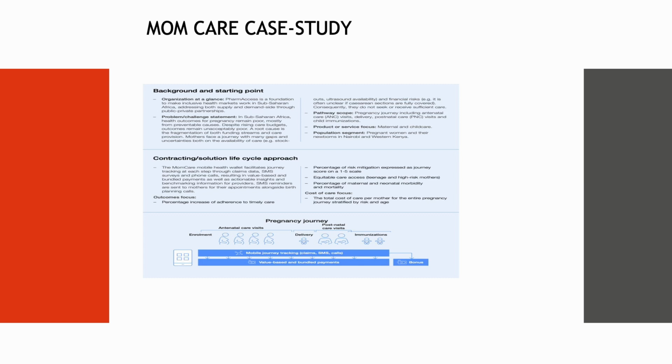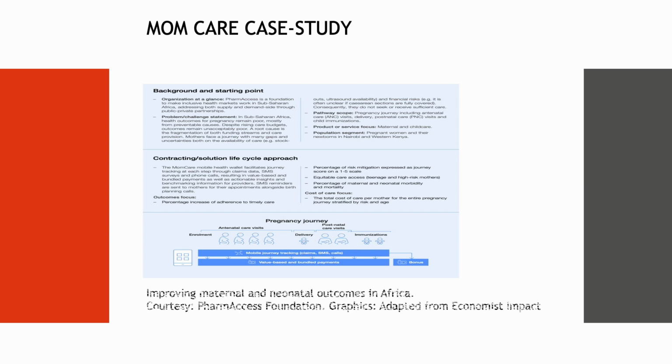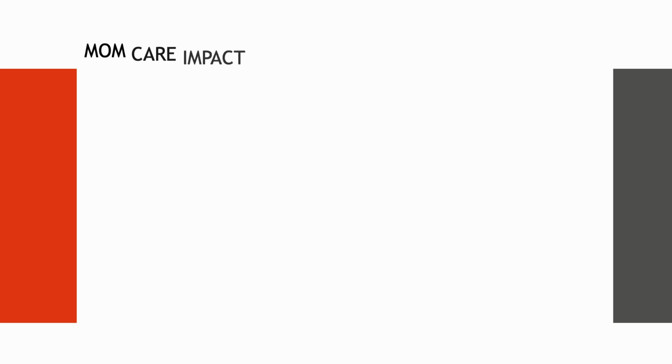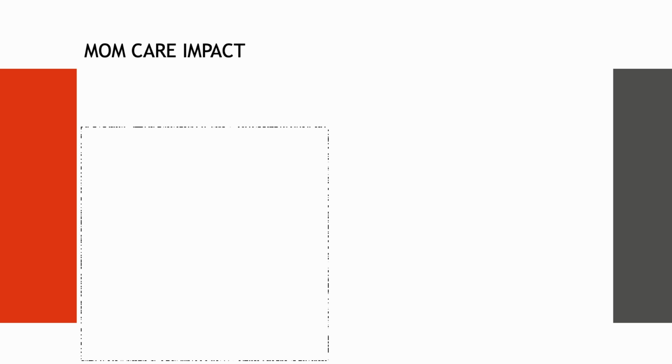These 29,000 mothers also included up to 10% of very high risk pregnancies. So close to 3,000 of them were very, very high risk pregnancies. Just the application of this particular bundled pay model demonstrated significant impact, and the results were absolutely astounding.